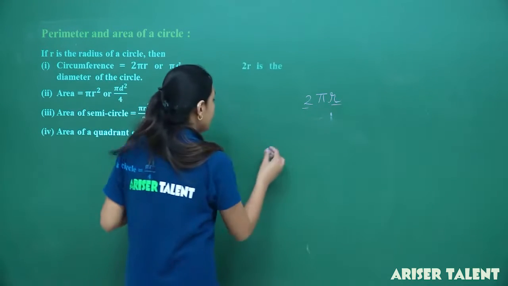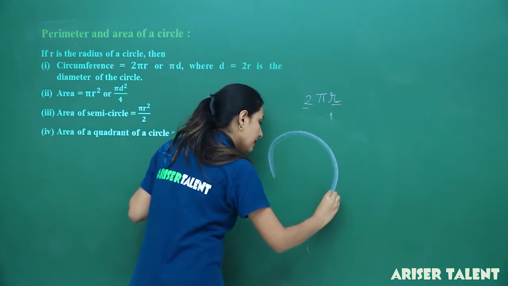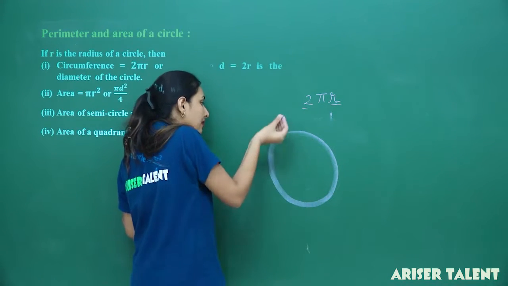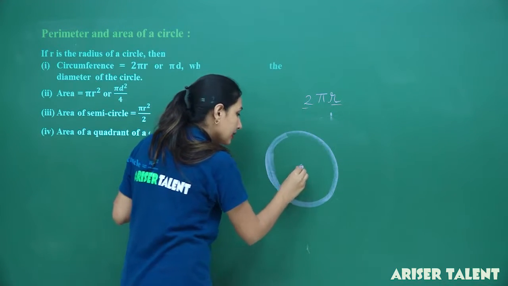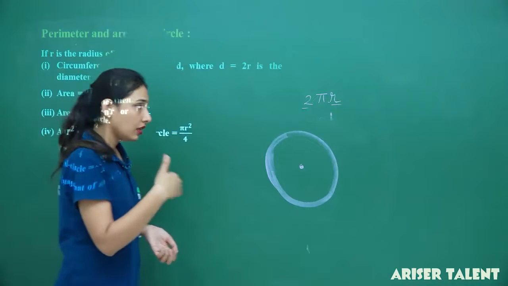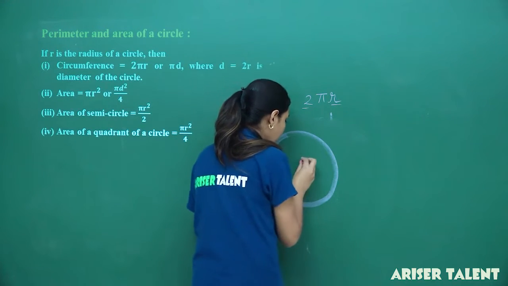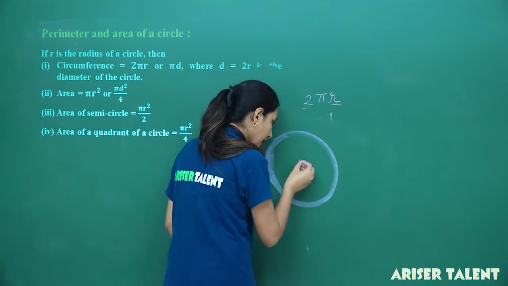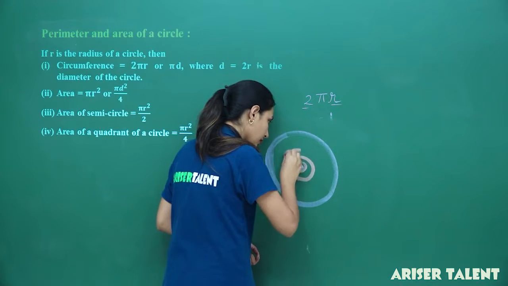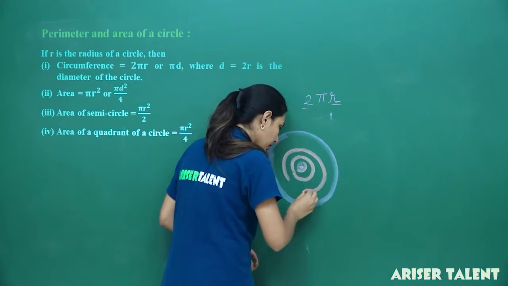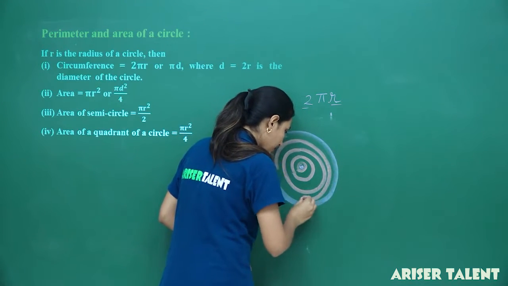Because I am saying that if this is the circle, and this is the center, this circle consists of infinite circles inside it. So, how it will be? I am considering some of them here. I have told you before in that particular chapter, circle, but I am telling you again.